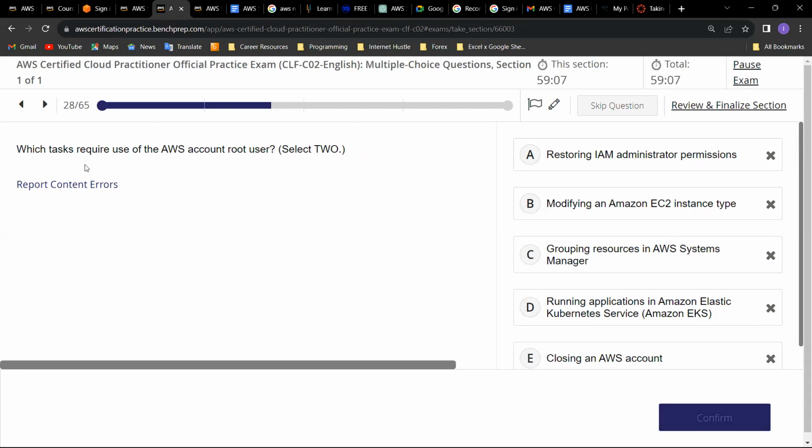Which tasks require use of the AWS account root user? Choose two.